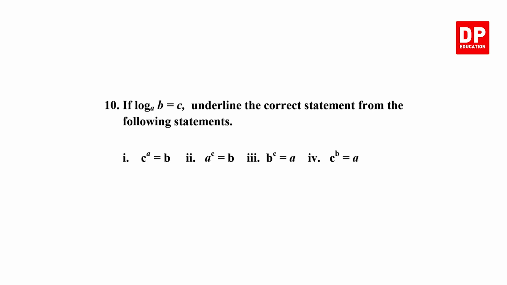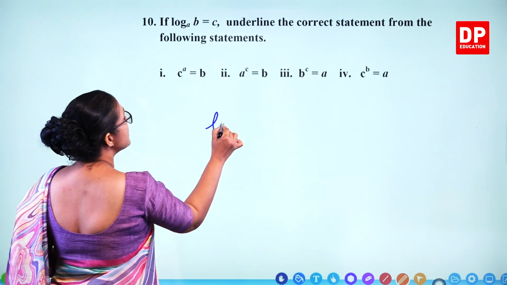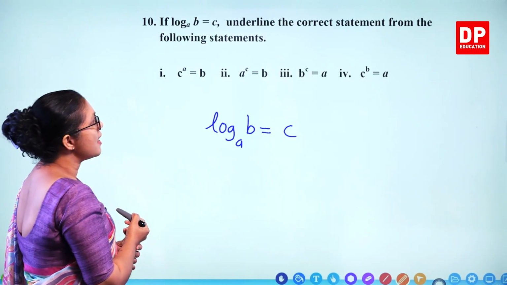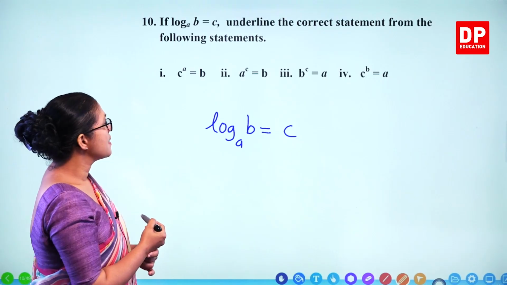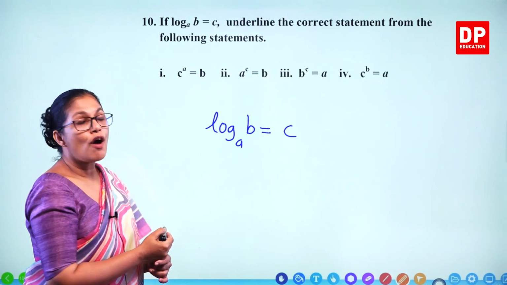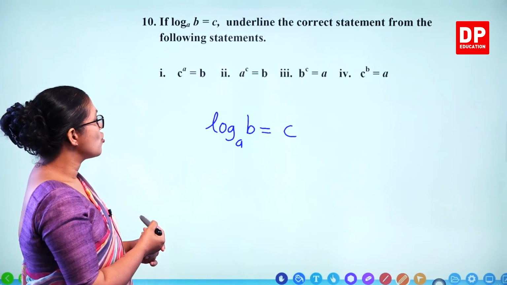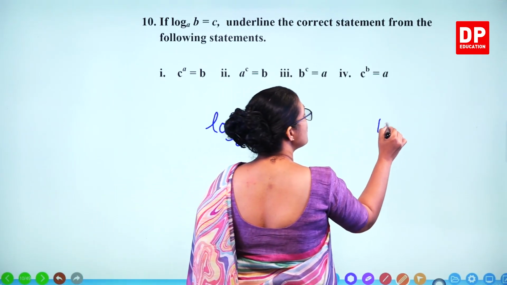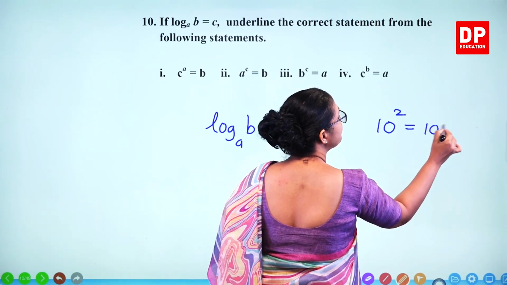Question number 10. If log A base B equals C, underline the correct statement from the following statements. So you have to get rid of this log notation. You have to write in index notation. So think about this one. 10 squared is 100.